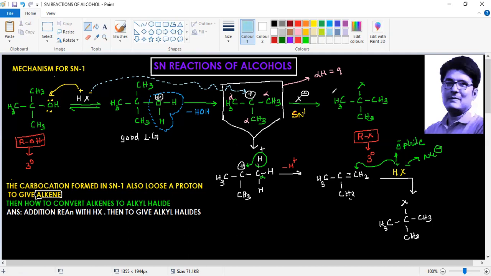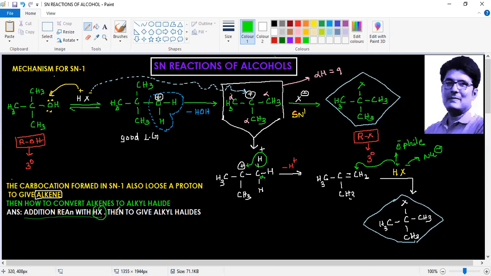See, it is the same. So this is the conversion method. Clear? That is how to convert alcohols first to alkenes, or directly to alkyl halides, and alkenes undergo addition reaction with HX, the hydrogen halides.